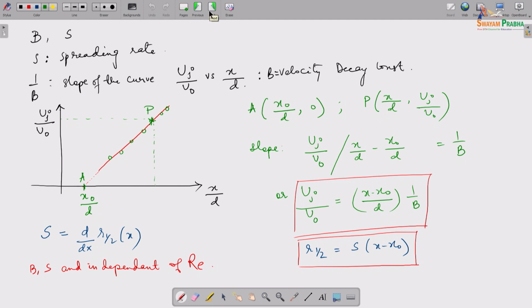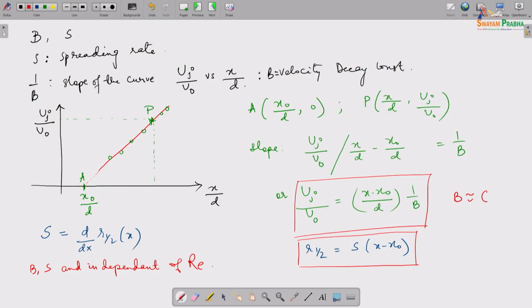Now, I have these two relationships. So I know the jet velocity. What about B and S? Do I have any ideas about that? Yes, we do, because we have discussed it earlier, the typical values of B which have been found.